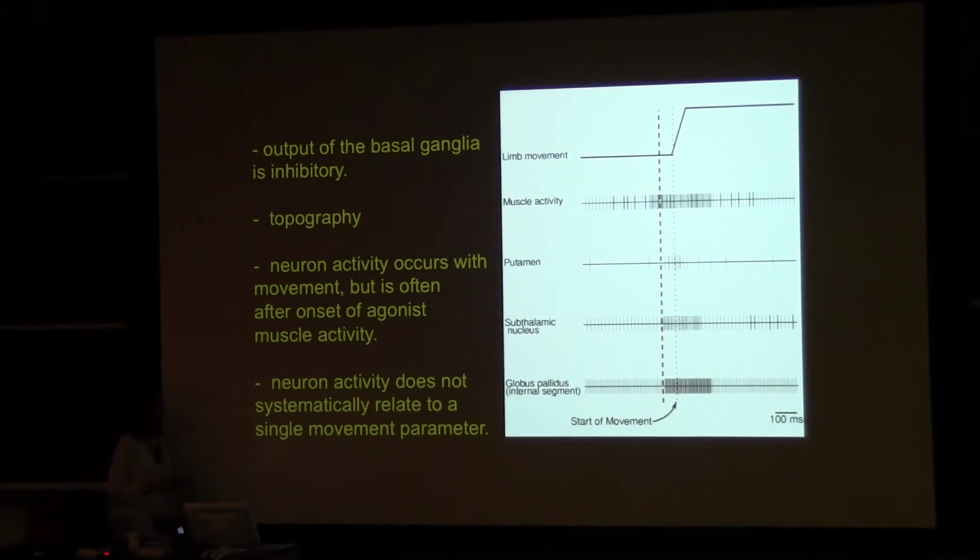So it doesn't always happen before a movement is initiated. It happens maybe simultaneous with it. And so we think it's not necessarily completely involved in the planning of a movement. But it does have something to do with the execution of a movement. And I'm going to talk about that in just a minute.